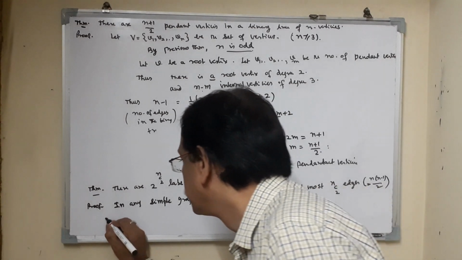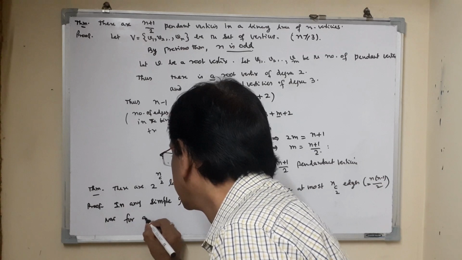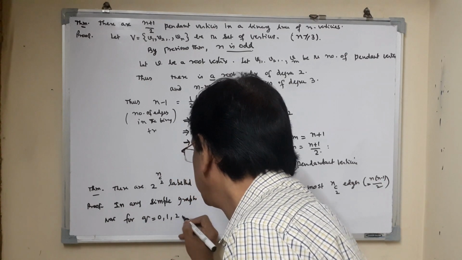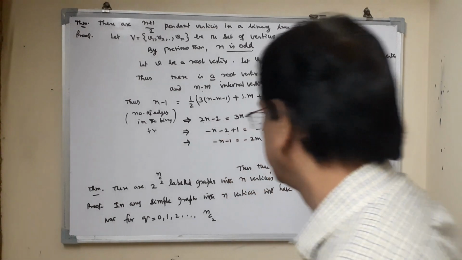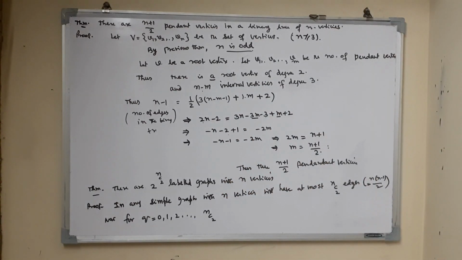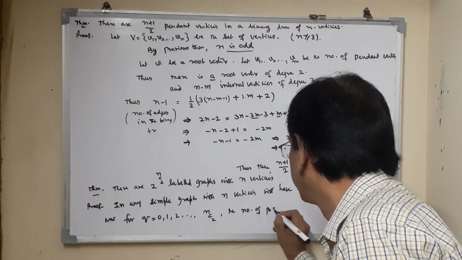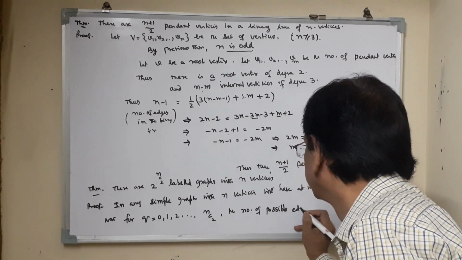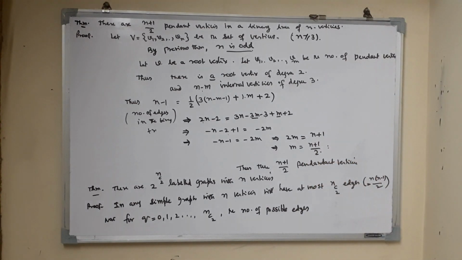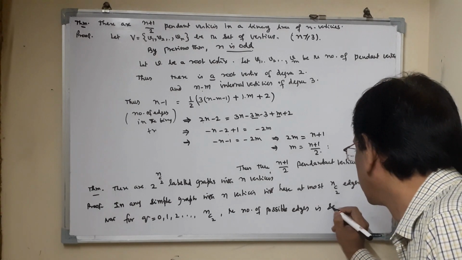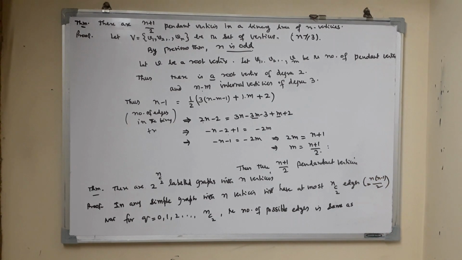Now for q equal to 0, 1, 2 up to nC2, I'm looking at the number of edges. The number of possible edges is the same as, look carefully, q equal to 0 edges, 1 edge, 2 edges, up to nC2 edges.